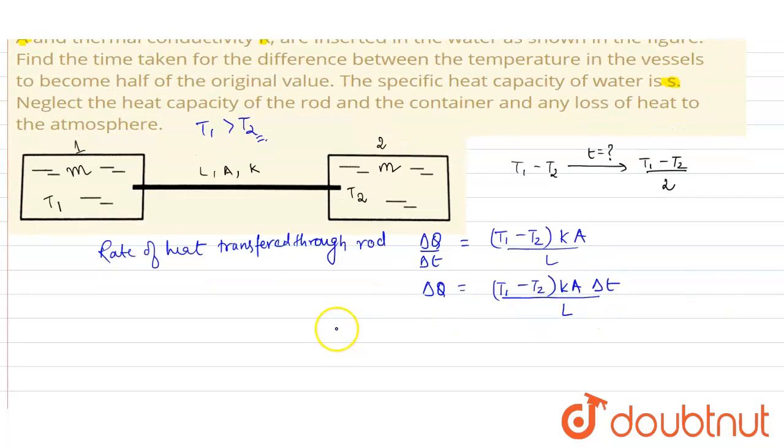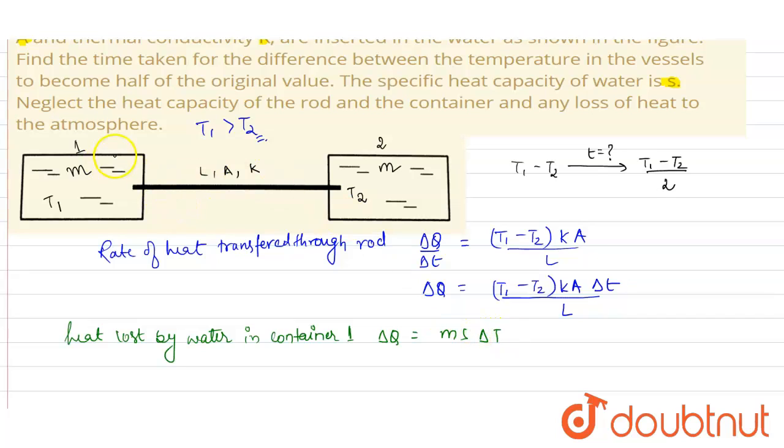Now the heat lost by the water in container number 1: delta Q will be m s times delta T, the change in temperature.